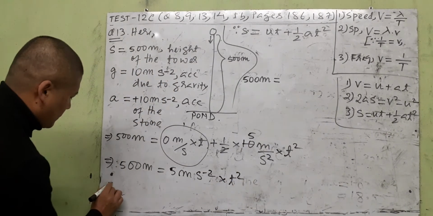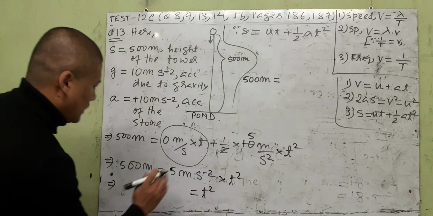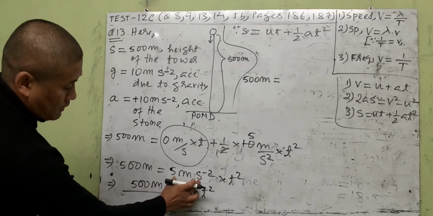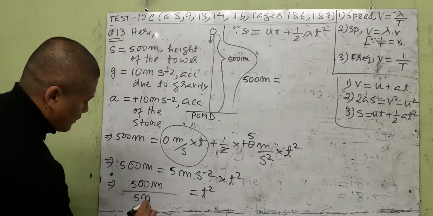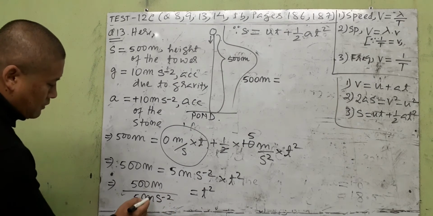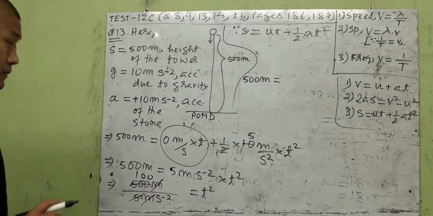Next step, you may keep this t square on one side, then 500 meter divided by this, the numerator will come down if you shift to the left side, meter per second square. So this meter will cancel, 5 into 100 is 500.